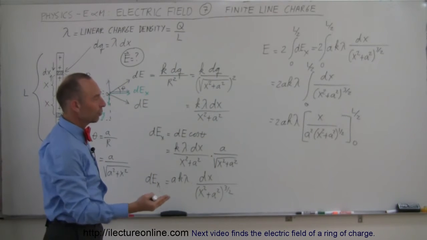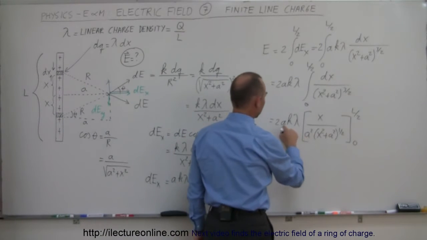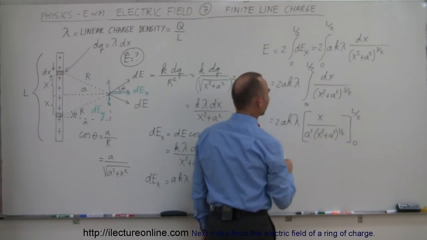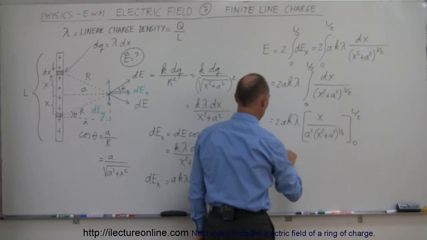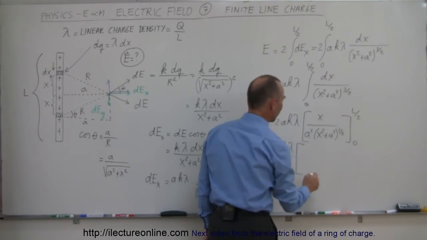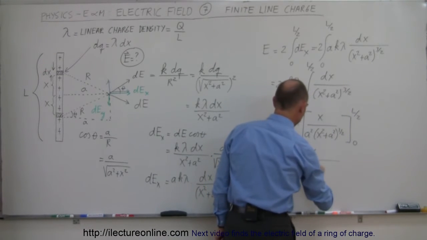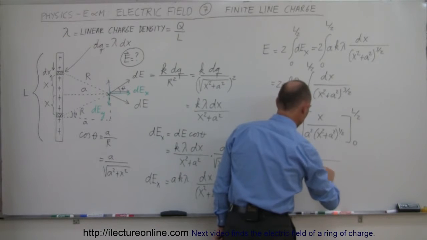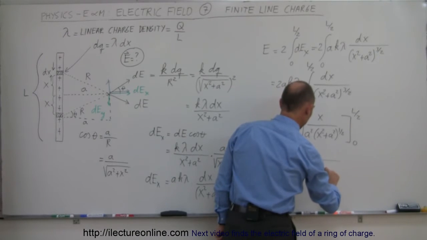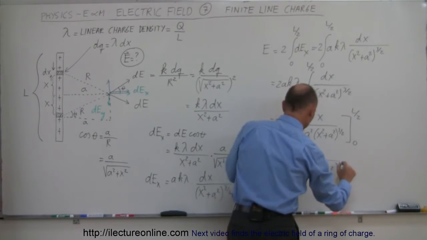Okay, so the a squared is a constant that can come out. And then this a divided by a squared will be 1 over a. So this will be 2k lambda divided by a times, when we plug in the upper limit, we get L over 2 divided by L over 2 squared plus a squared, the whole thing raised to the 1/2 power.